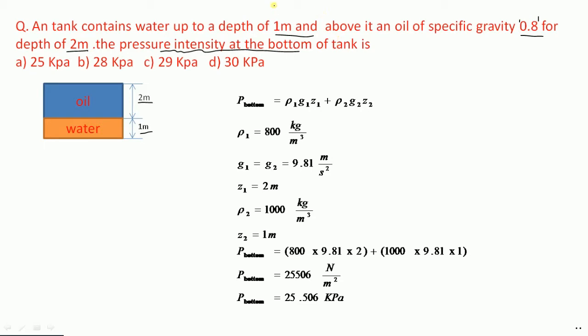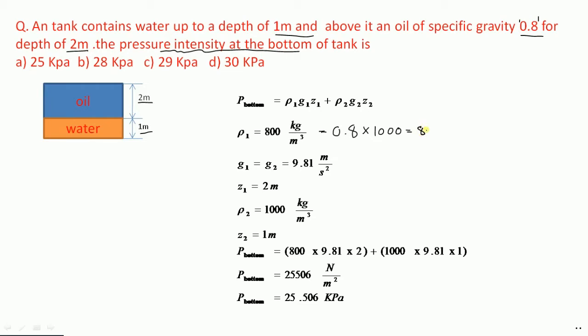So let's write down the given things. Here density of oil is 800 kilogram per meter cube because specific gravity is 0.8. So to find the density we are multiplying with density of water, that is 1000 kilogram per meter cube.